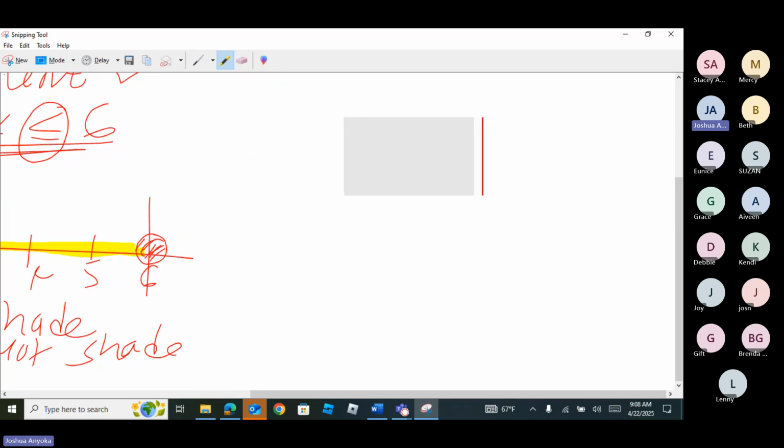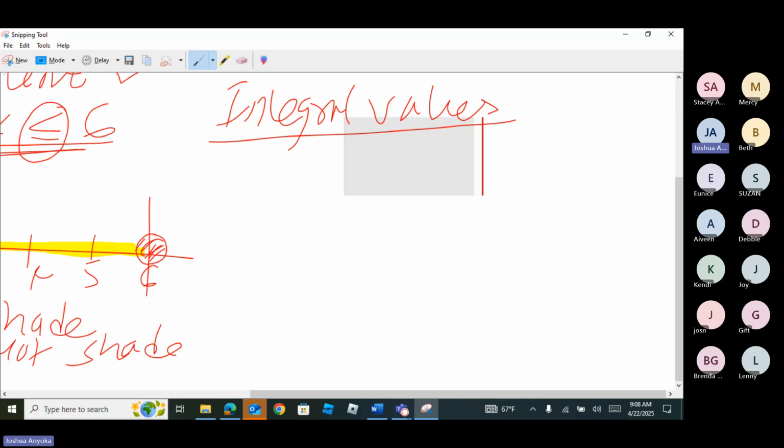Number 4, we are expected to state integral values. If we have solved and we have x is less than 5.5, x is greater than or equals to 2, how can we state integral values?